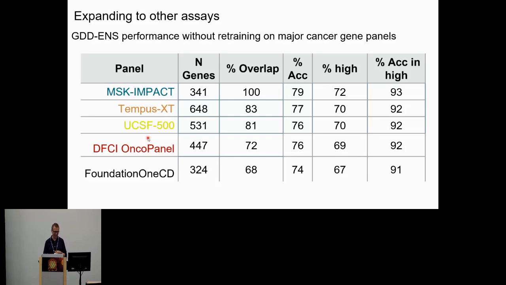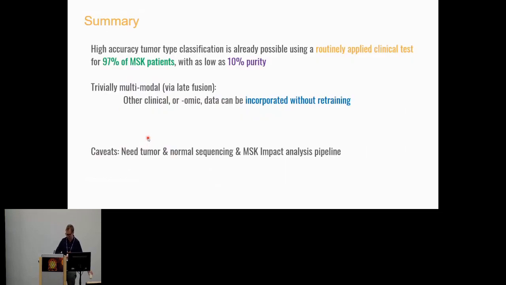things work much better. Okay, so in summary, high accuracy tumor type classification is already possible using a routinely applied clinical test. And this test works for, or is designed for, 97% of MSK patients. And for the 3% of patients that have rare cancers, almost always we can identify them because they have low confidence classifications.